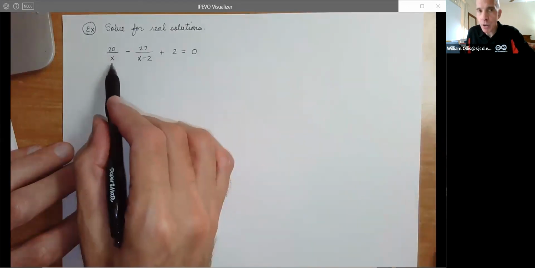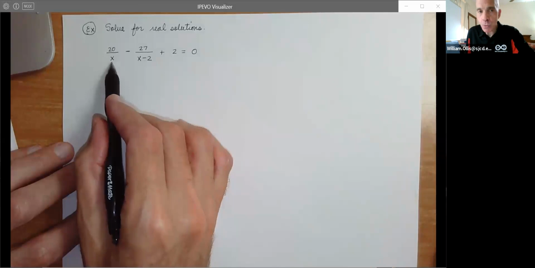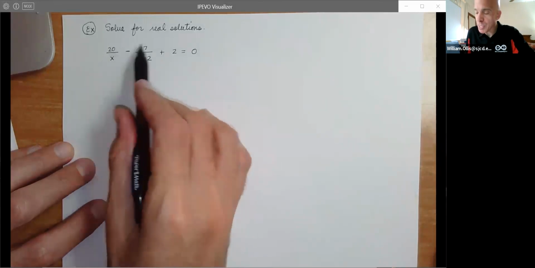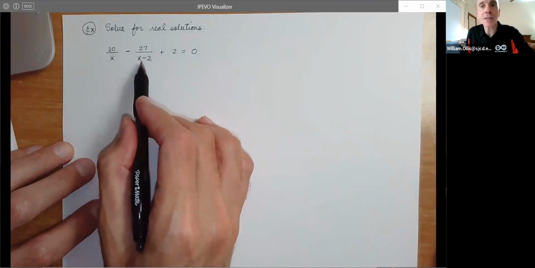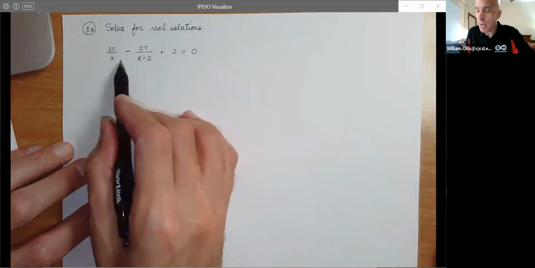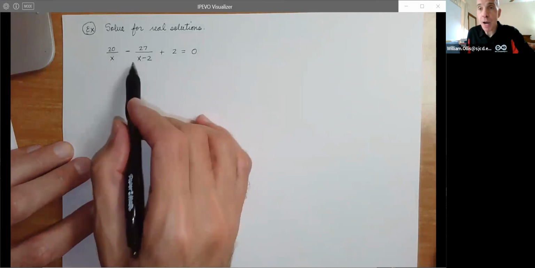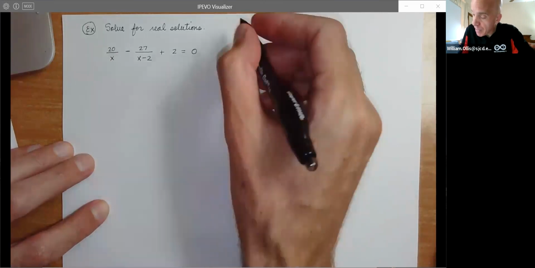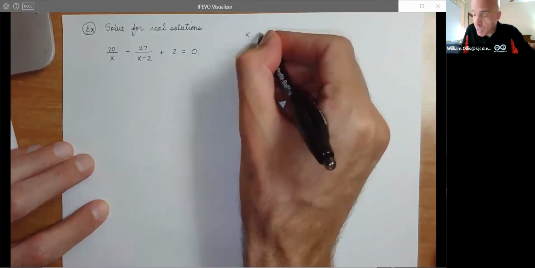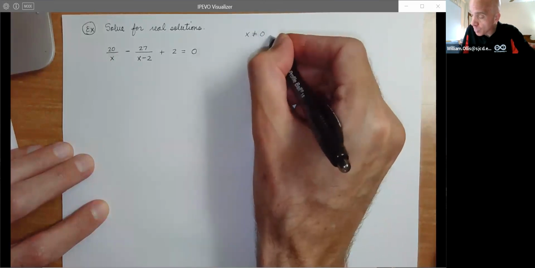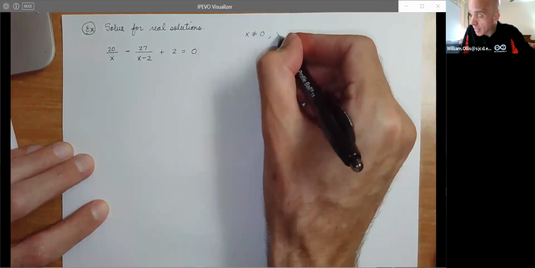Again, we note that x equals 0 and x equals 2 could never be solutions because this would make the equation undefined. So we would need to check that whatever solutions we determine do not correspond with those real numbers. So at the outset, we can already say that x is not 0, and x is not 2.